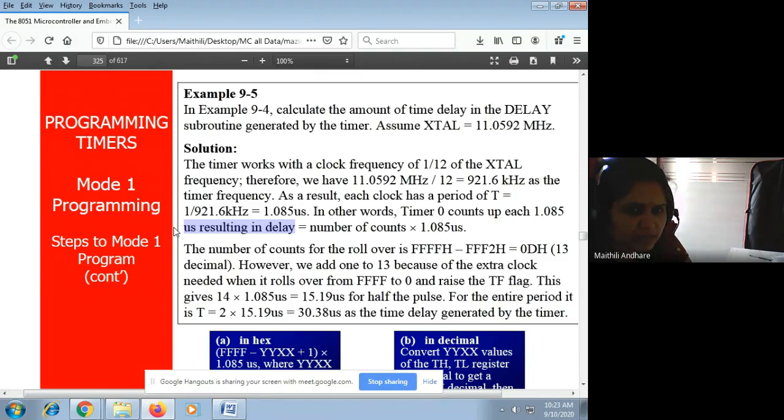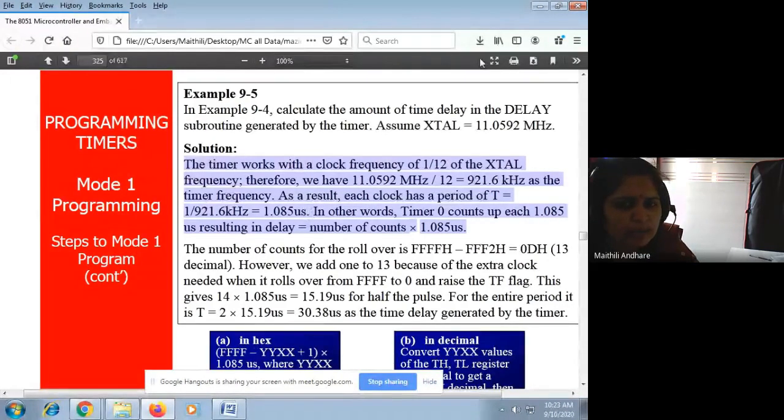If you know the clock period of a single clock of the timer, 1.085 microsecond, and the timer counts n number of counts, then n into this will be the total time delay generation. So this is the simple way to calculate the delay generated by the given value. This is related to the timer circuitry, and this is the standard formula.